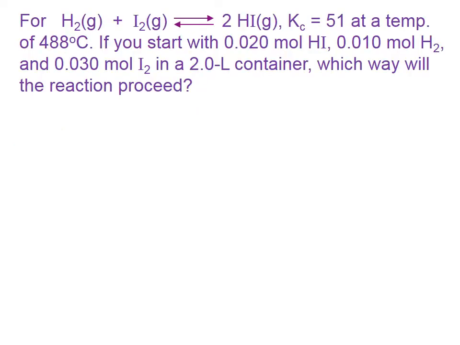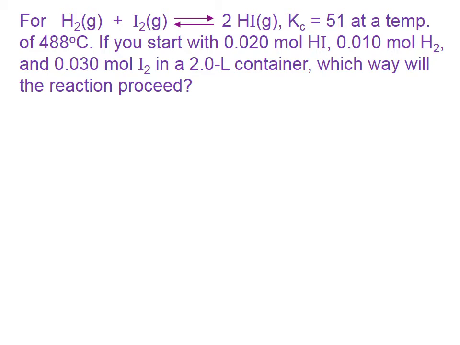Let's try an example. For this reaction, Kc is equal to 51 at a temperature of 488 degrees Celsius. We start with a certain amount of each of these substances in a 2-liter container. Which way will the reaction proceed?